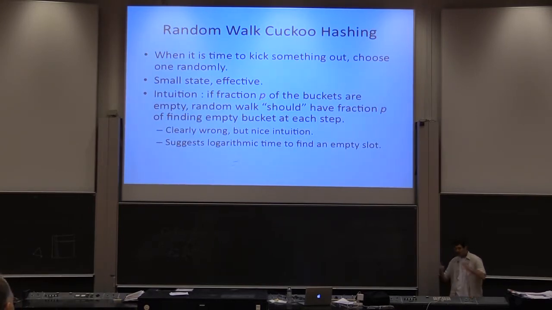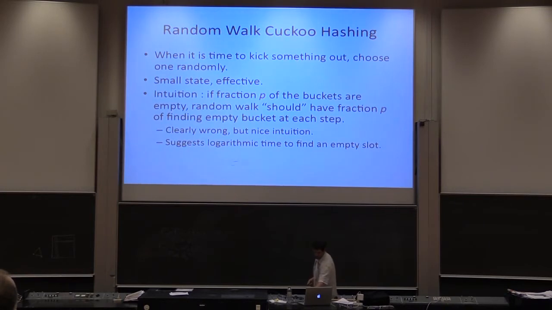Maybe you've got some little stack component somewhere inside your random graph, and whenever you get in that component, you're really going to have a hard time finding an empty spot in this sort of random walk. So it's a nice intuition, and experimentally it seems like it might be true or close to true, but we don't know how to prove that.